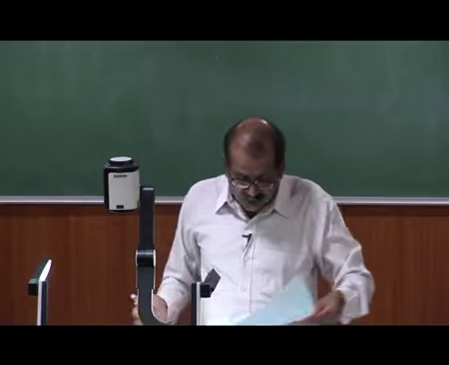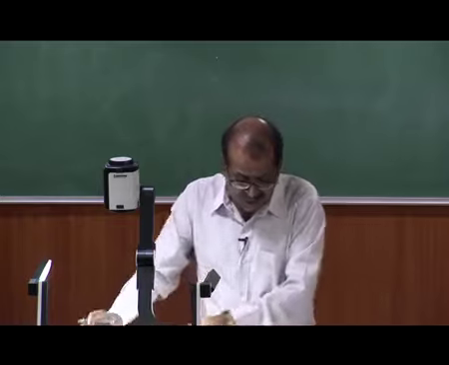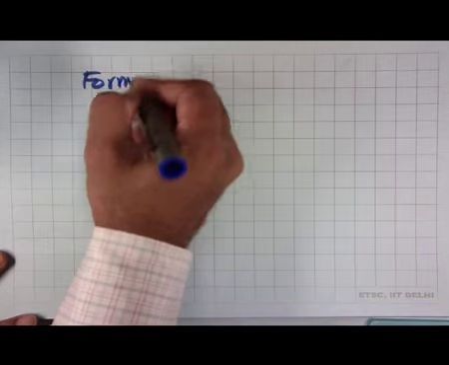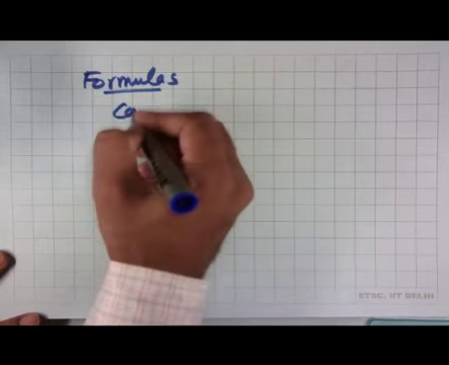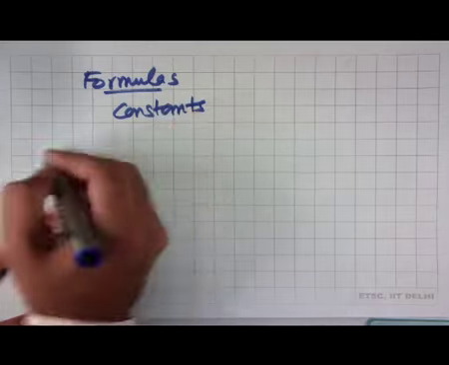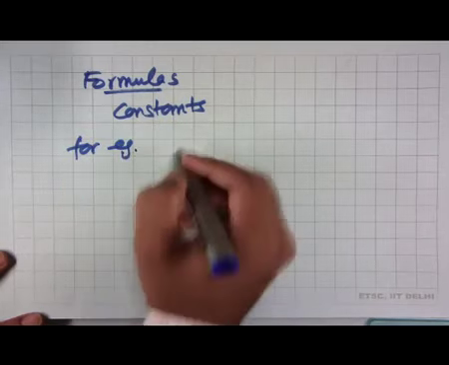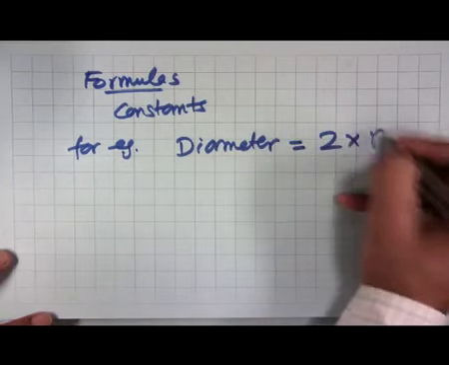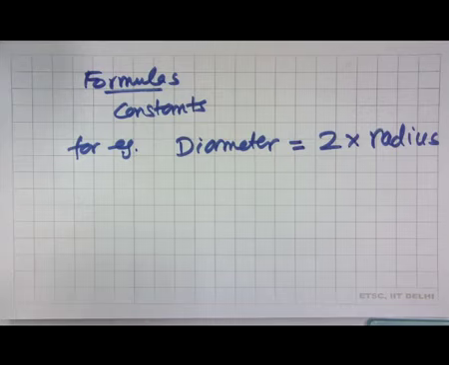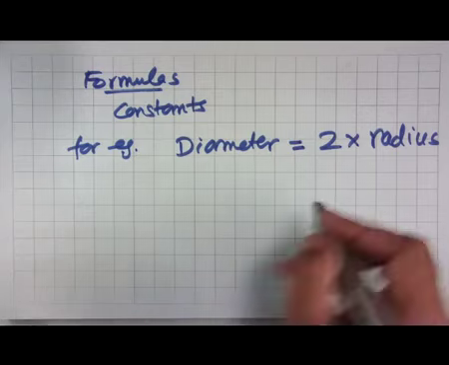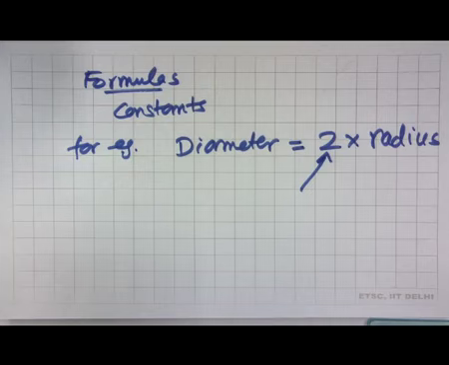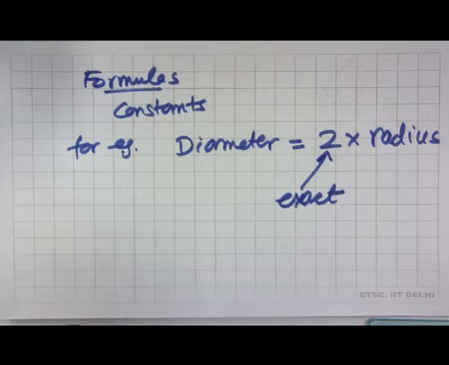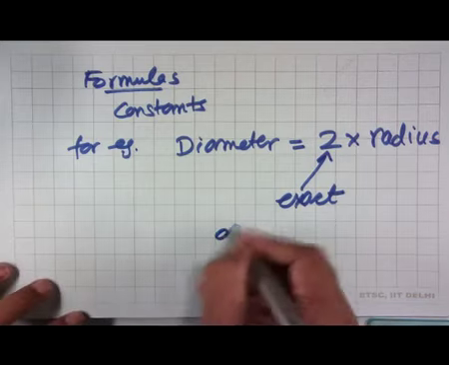Now, in certain quantities, what we find is that in some formulas there are some constants. For example, let us look at a very simple formula. Diameter is equal to 2 multiplied by radius. Now, in this particular formula, 2 is a number which is exact, and so it has infinite significant digits.